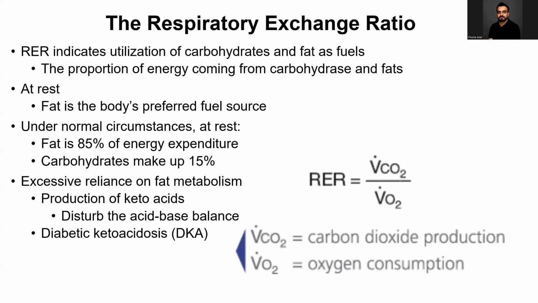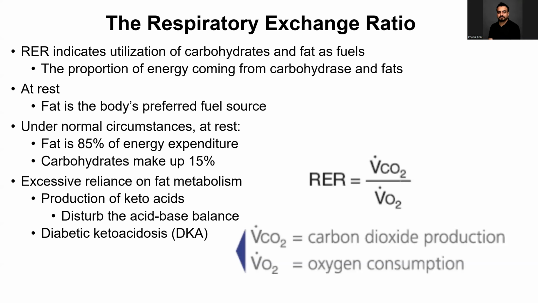Excessive reliance on fat metabolism can cause some problems. It produces keto acids, which can disturb the acid-base balance in our body. Because it's acid, it can reduce the pH in the blood and cause metabolic acidosis, which is what we see in diabetic ketoacidosis.